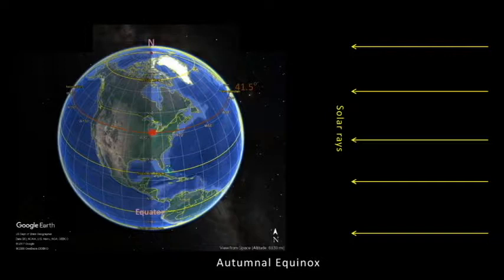All right, so you can see that during the equinoxes, the tilt is not a significant part of the equation here that I'm going to show you, because at perpendicular to the sun's rays, it can be modeled simply.